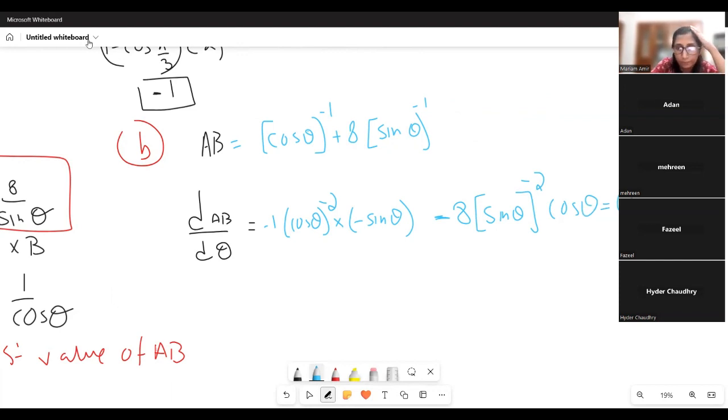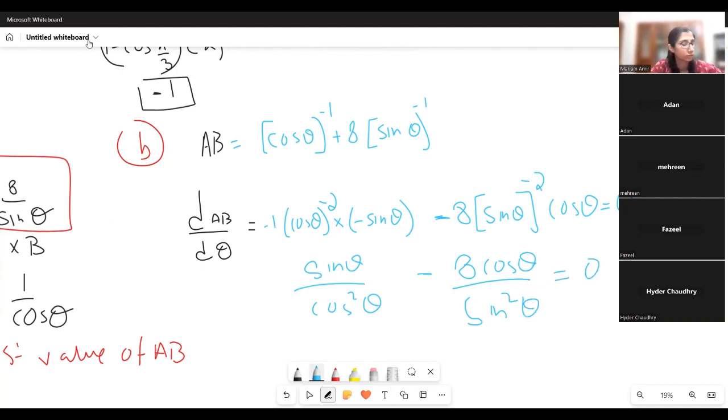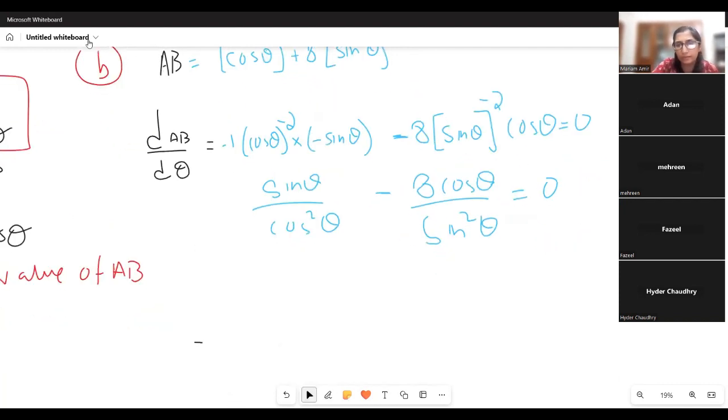So we're getting sine theta upon cos square theta, and then minus 8 cos theta upon sine square theta. Let me check if it's correct so far. Yes, it is correct so far. All right, now let's take LCM. So LCM is cos square theta times sine square theta.